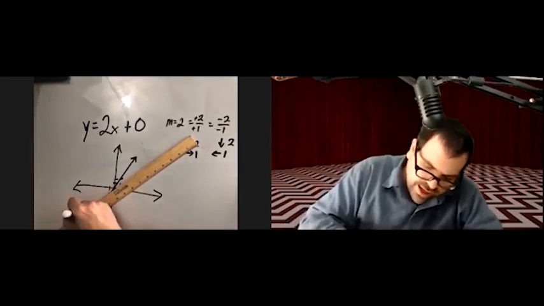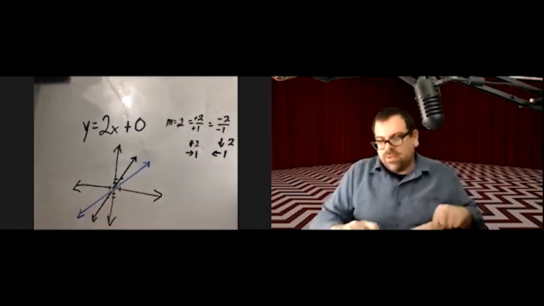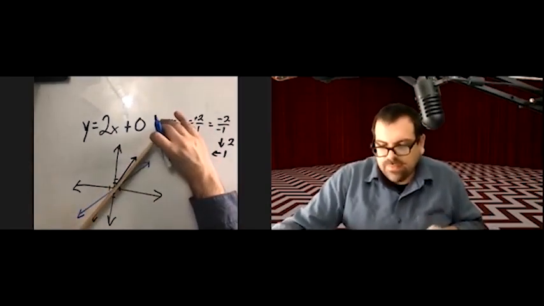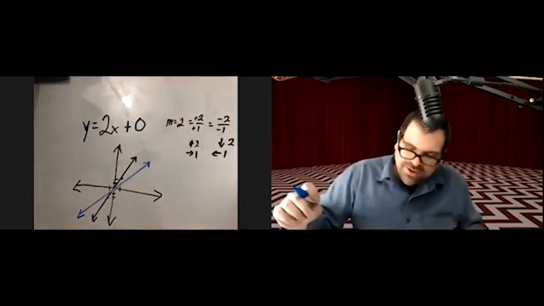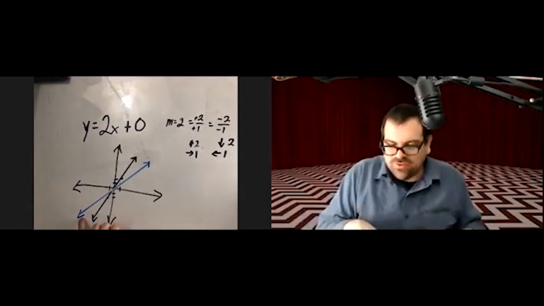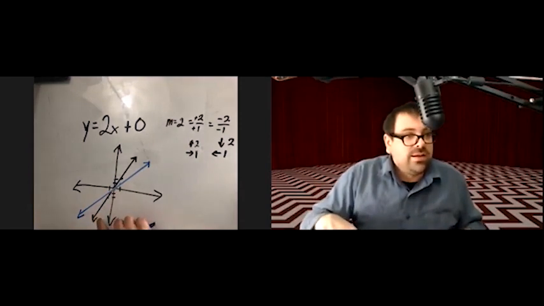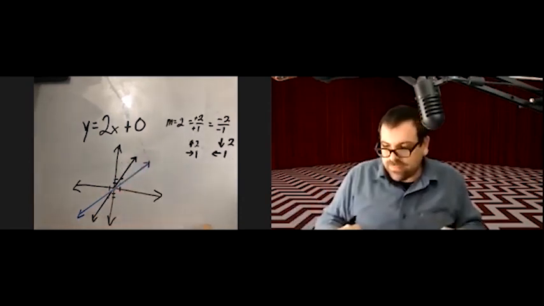So y equals x, the identity, would be more like this. If we have y equals 2x, that's getting steeper. Imagine driving a car, you already would not want to be going up the blue line. Now this black line, that's making it even worse.